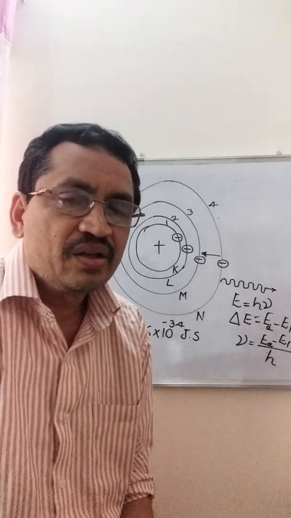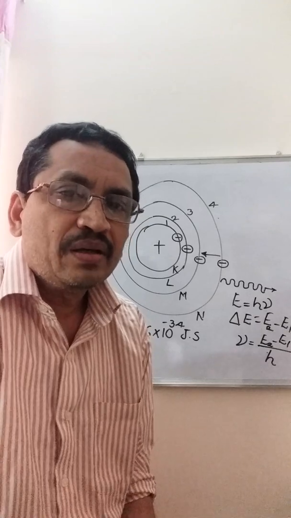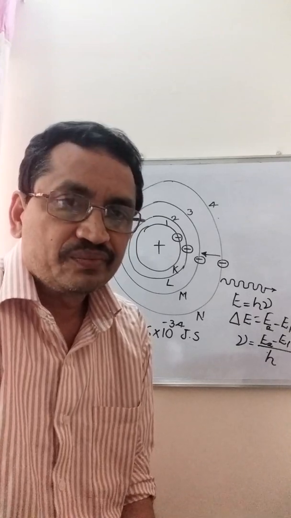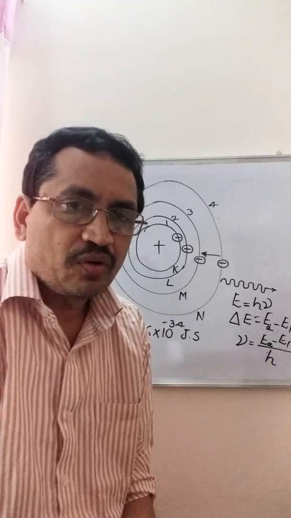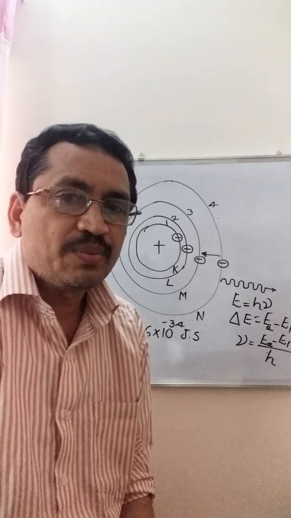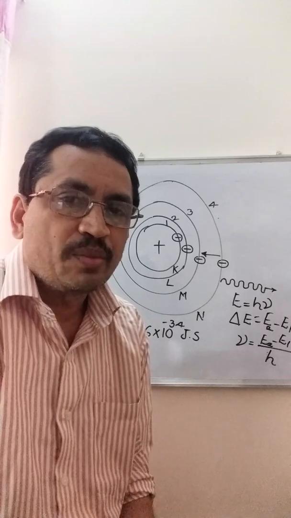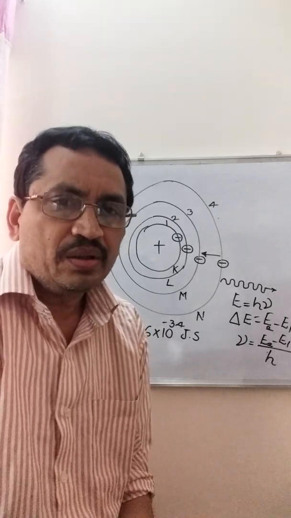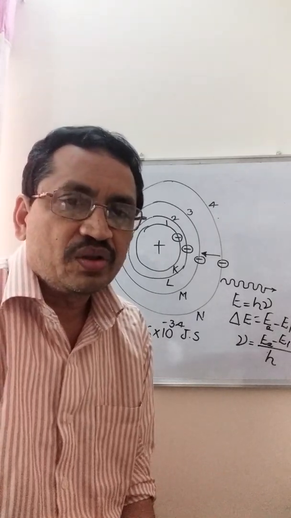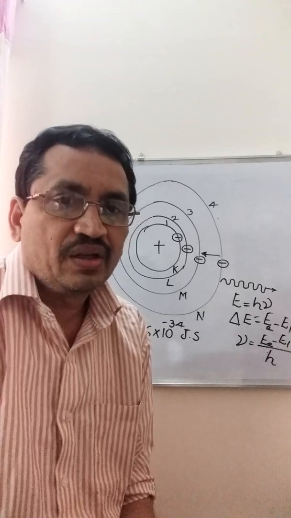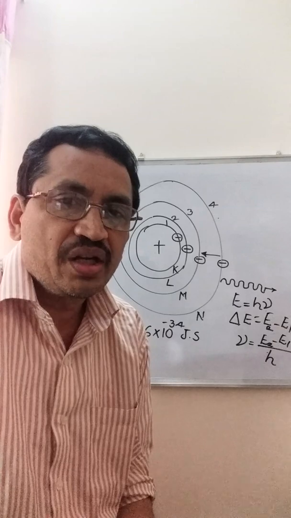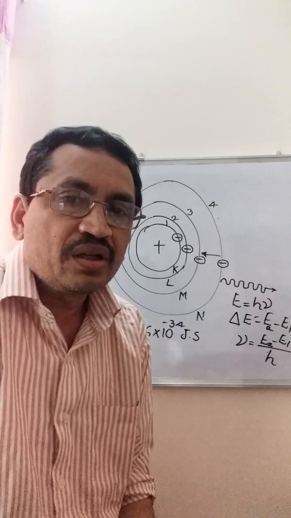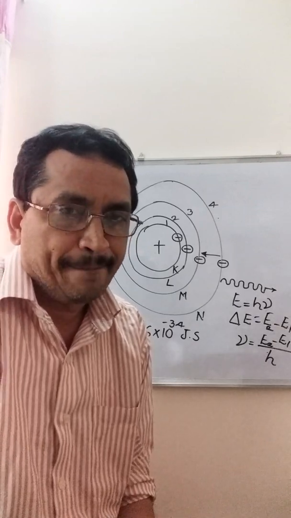This was studied by various scientists, namely Dalton, J.J. Thomson, Rutherford, Niels Bohr, and Sommerfeld. The study of the structure of atom evolved over a period of time, and what we know today is actually the effort of all these scientists.